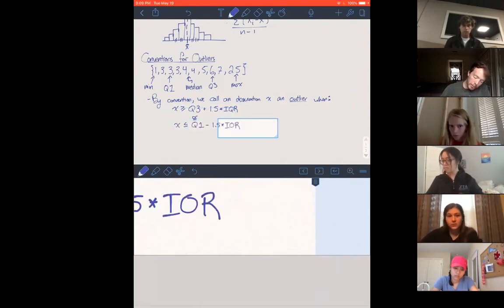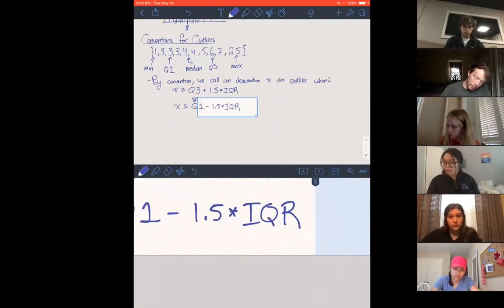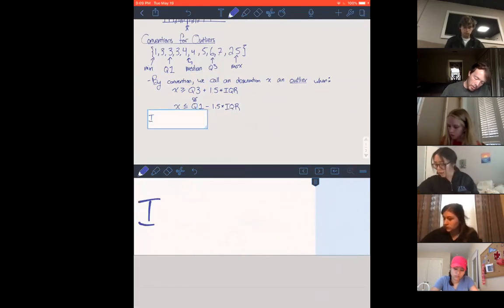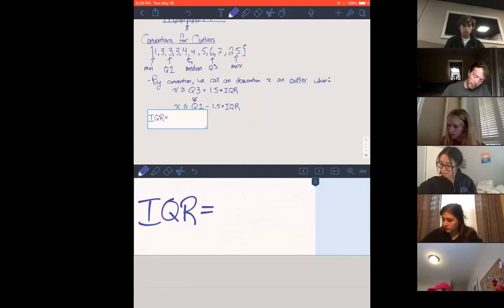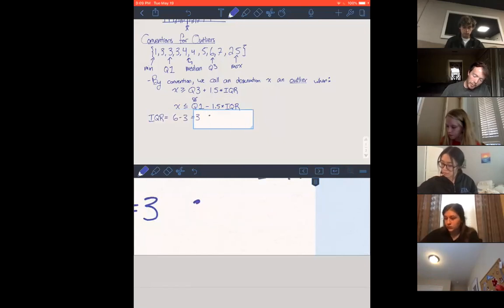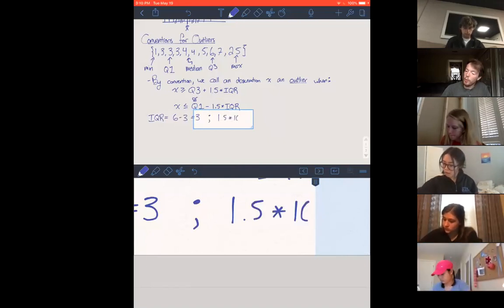So let's do it with our example. What is our IQR here? It is the third quartile minus the first, which is 6 minus 3, so it's 3. That means 1.5 times the IQR is just 3 times 1.5, which is 4.5.